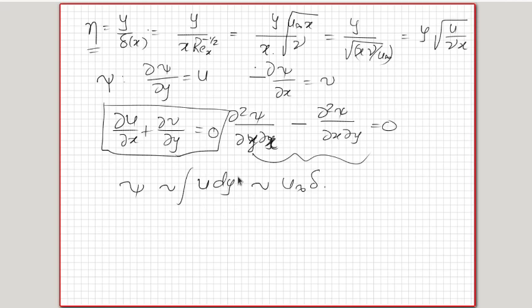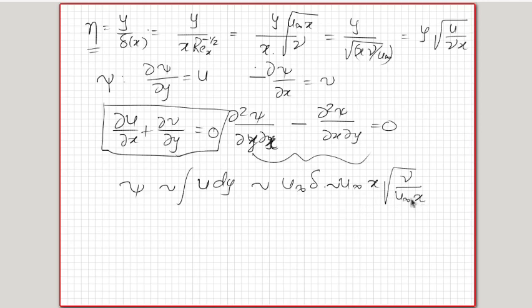So if I define this δ, this δ goes as x times Re_x to the power of minus half. So this will be u∞ times x times Re_x to the power of minus half, which will be the square root of ν by u∞x.